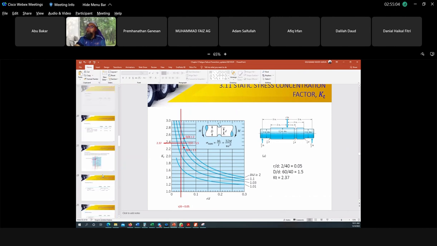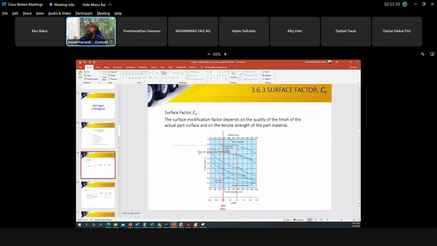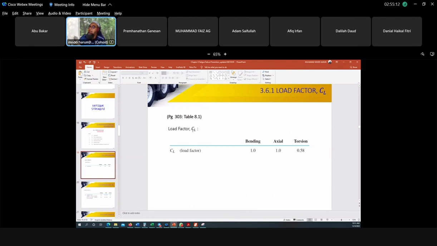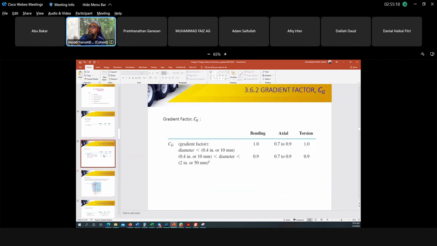And the one is this one. This one sama. This one. Okay. KL, CL, CG. So it has different value if you use bending, axial, and torsion.